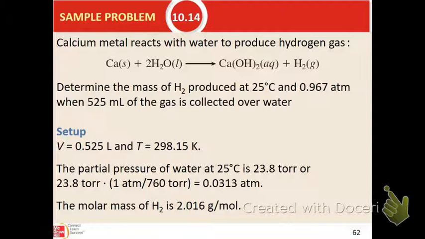This author chose to switch her units into atmospheres because R, the value for R that apparently she likes the best, is the 0.082061. So that's what she's using. Okay?